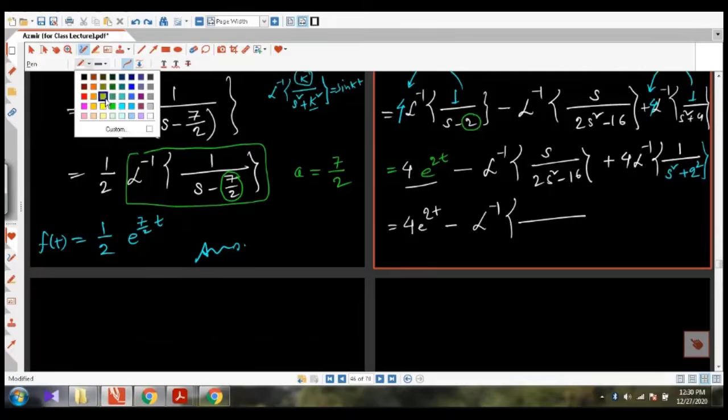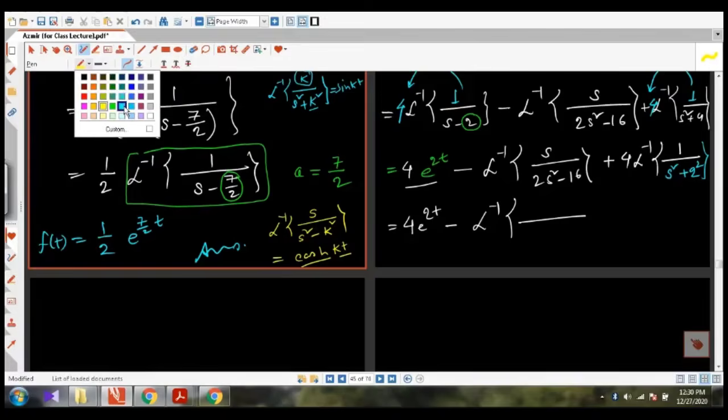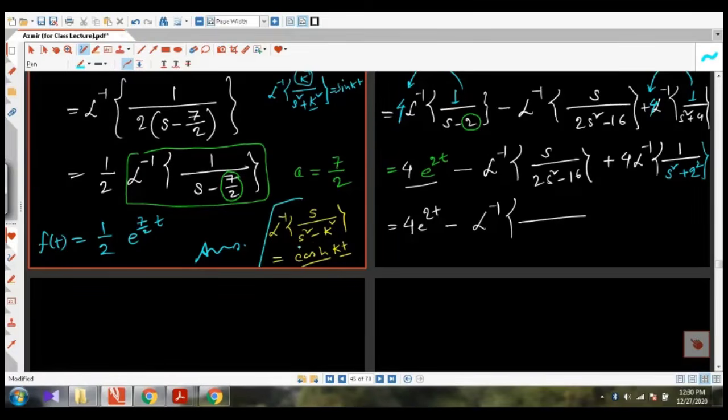So the formula says that inverse Laplace of s over s squared negative k squared is hyperbolic cosine kt. So you can see here in the main formula we have only s squared, not 2s squared.